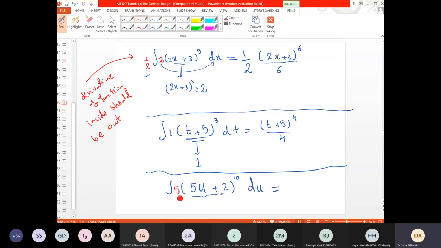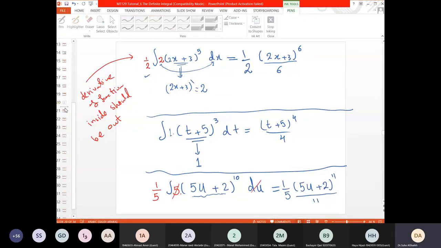So I need 5 outside. The 5 must be there outside, right? So out there I multiply with 1 over 5 to balance. I'm not just inserting the 5 at will; I multiplied by 5 and divide by 5 so that they cancel. It's like 1. This 5 will go with du. I need it with du to find the integration. And the 1 over 5 is what will remain. So it will be 1 over 5 and this will be 5u plus 2 to the power 11 over 11.